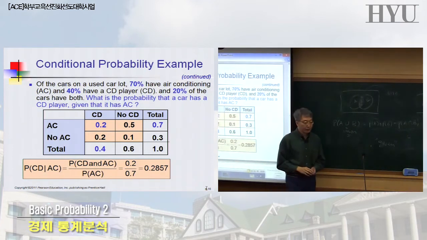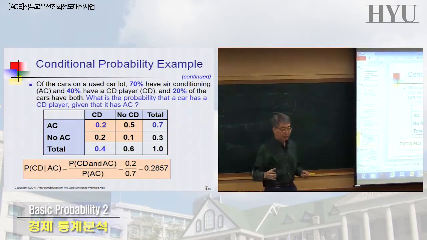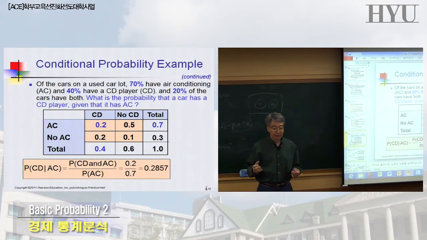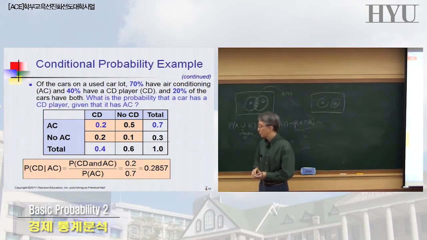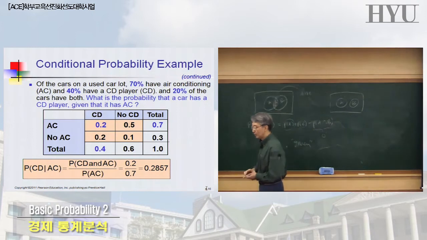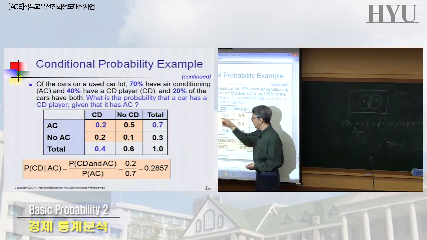That's the probability that if you picked one car at random out of the entire 100 cars, you will find a car with both AC and CD. And that's only 20 out of 100, 0.2 out of 1.0. So only 20 out of 100 cars have both CD and AC.